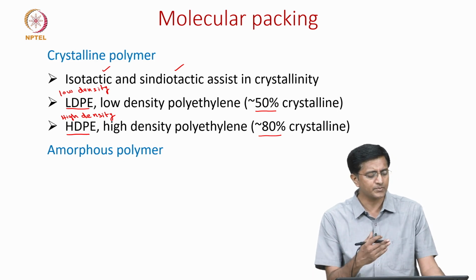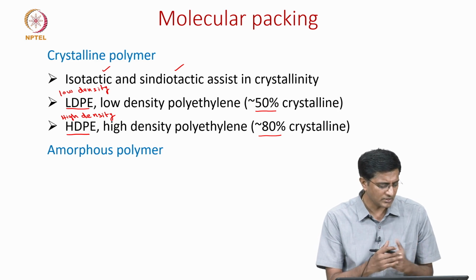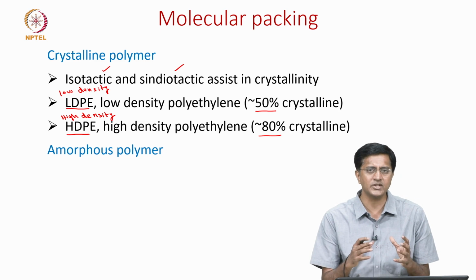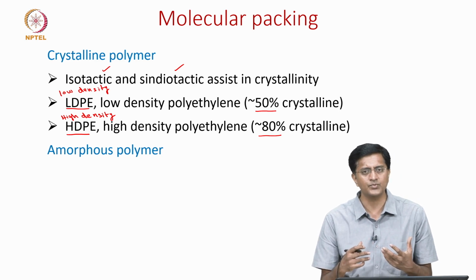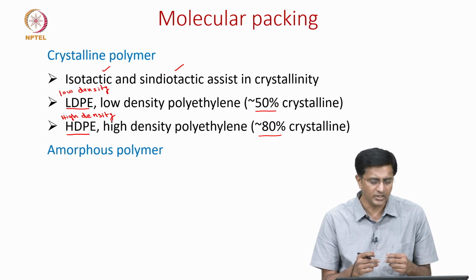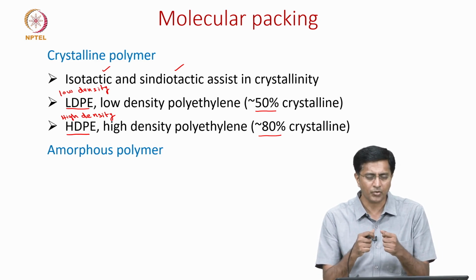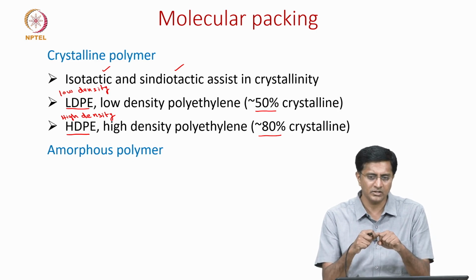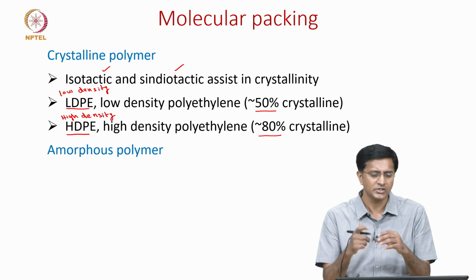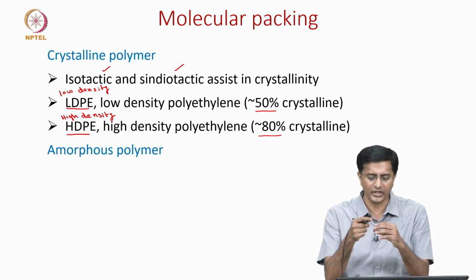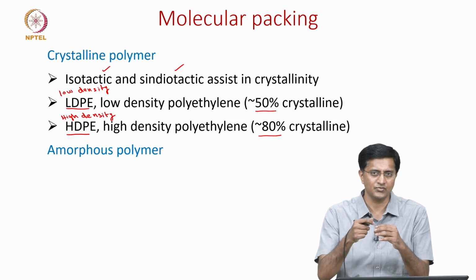Maybe let me also explain why we have low density polyethylene and high density polyethylene. The differences are in the way these polymers are processed. In low density polyethylene the process is usually very harsh, which means in this process one of those hydrogen atoms can be plucked out and another chain can be attached there, which leads to branching.